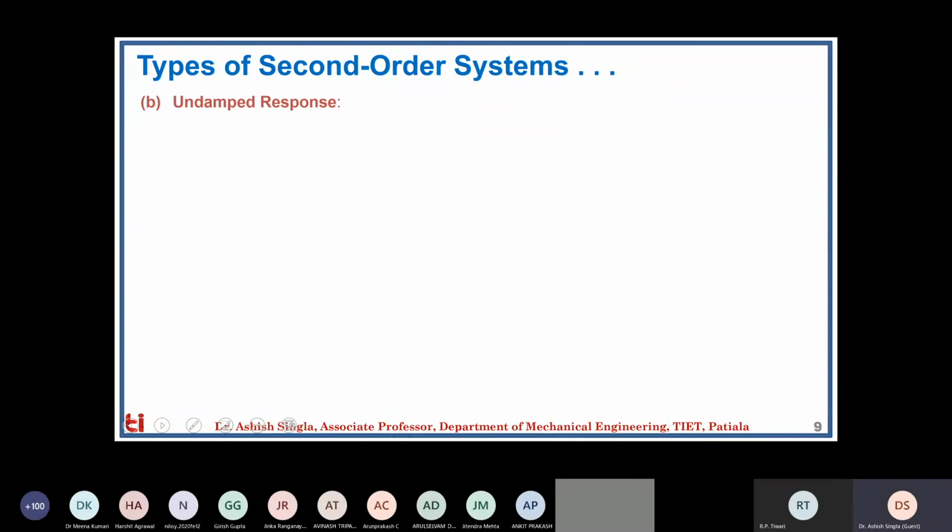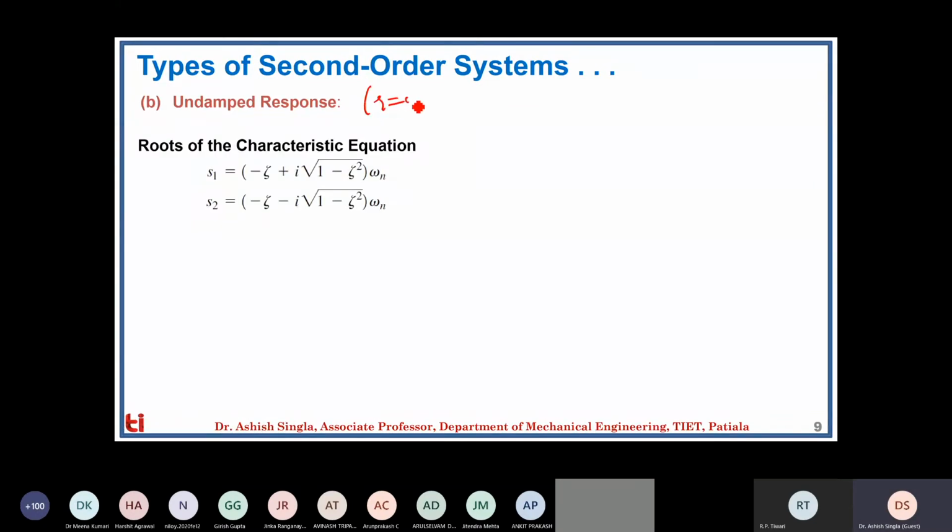So next comes the undamped response. Undamped response is the one where the value of zeta is equal to 0. So when zeta is equal to 0, this expression goes to 0, this zeta value goes to 0, this goes to 0. So eventually you will have minus iota omega n as both the roots.